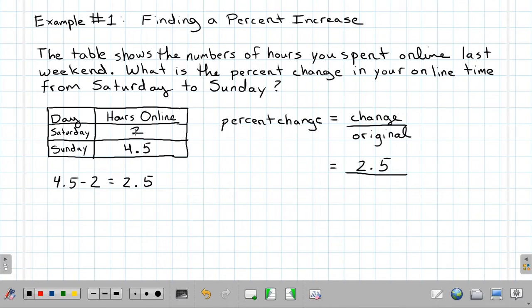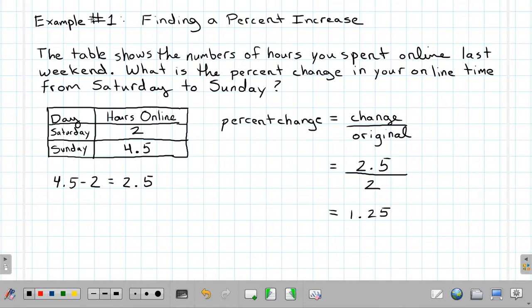If the number changed by 2.5 and the original amount is 2, then 2.5 divided by 2 gives us the decimal 1.25. If you need to double check that in your calculator, 2.5 divided by 2 is 1.25.